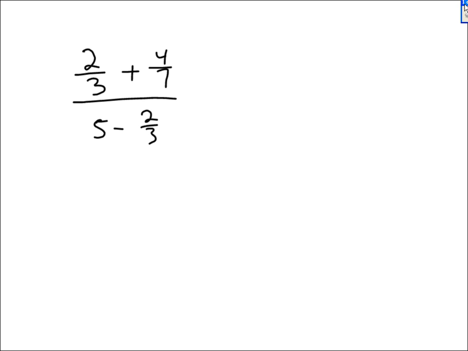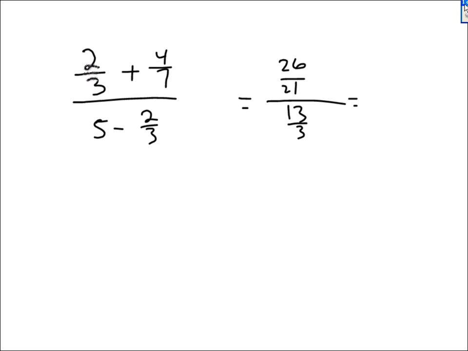One way to solve this is you can add the fractions. In the numerator, you would get, I think, 26 over 21, and in the bottom, you would get 13/3.